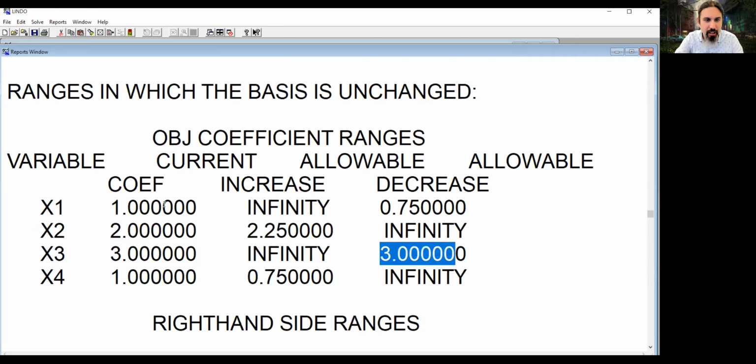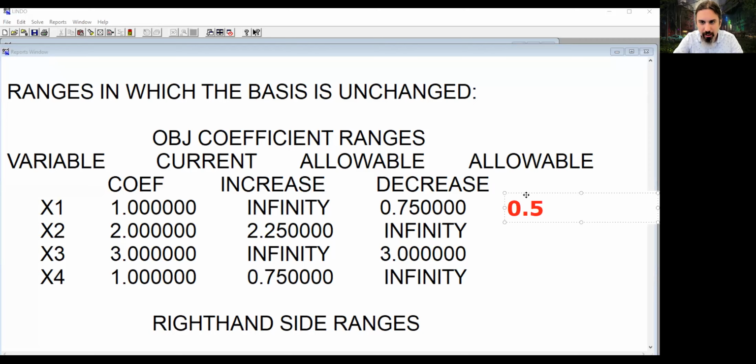So let's try. If I take this one, let's just annotate them, and take this one down to, let's say, 0.5. Then the amount of change I'm making is 1 minus 0.5, again 0.5. So in percentage, it's 0.5 over 0.75.